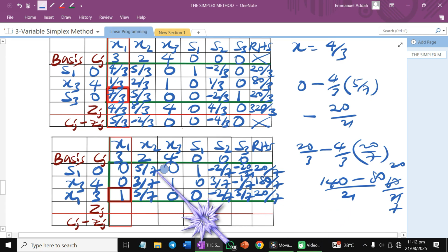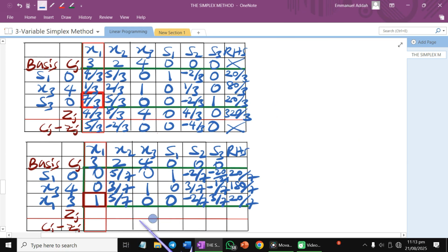Good. Now we have finished filling in all these values. The next thing is to look at the ZJ row and the CJ minus ZJ row. To get the ZJ row, we have 0 times 0 plus 4 times 0 plus 3 times 1. This will give us 3.